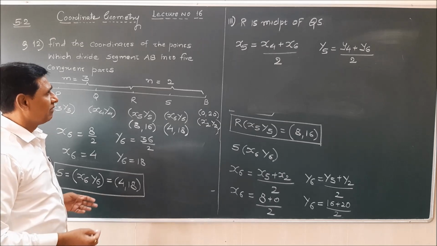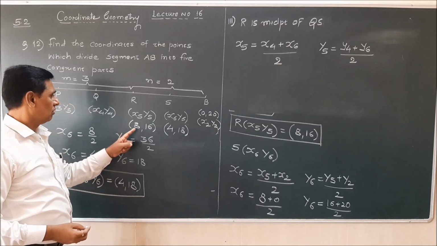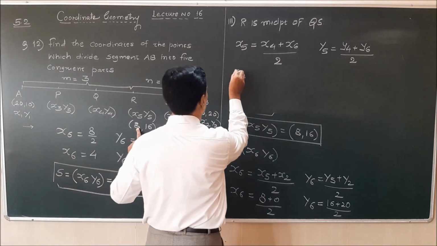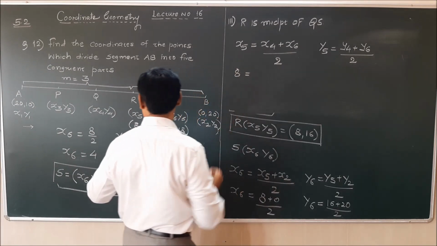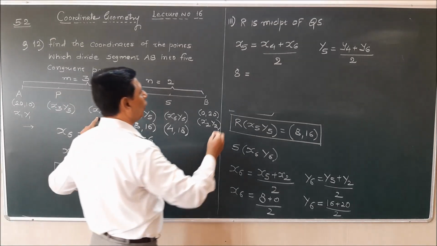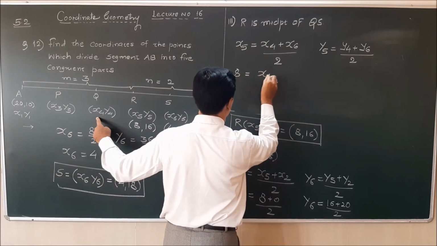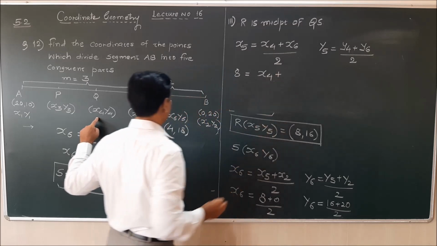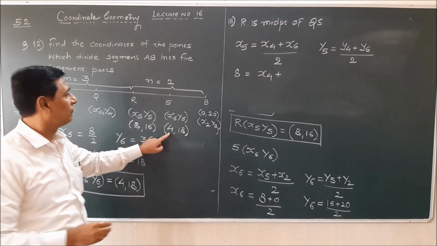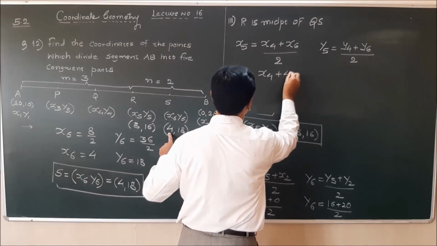Now I substitute the values. I know the value of x5 as 8. So 8 is equal to x4 plus value of x6, x6 is 4, upon 2.